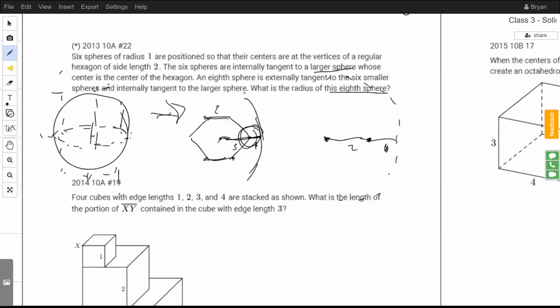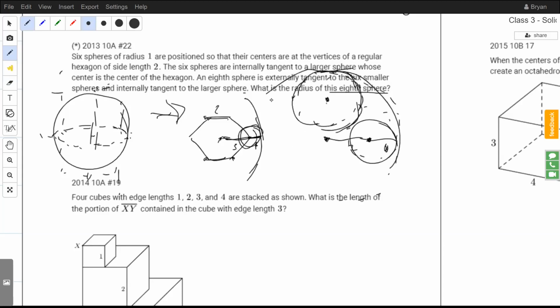We know that we're going to have another circle whose center is here that is tangent to this large sphere, but also tangent to this small sphere right here. So you can just say that it's tangent like this, and then we have the biggest circle that goes around both of them.